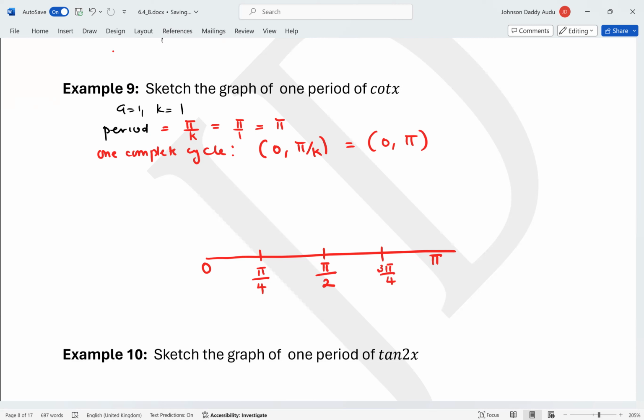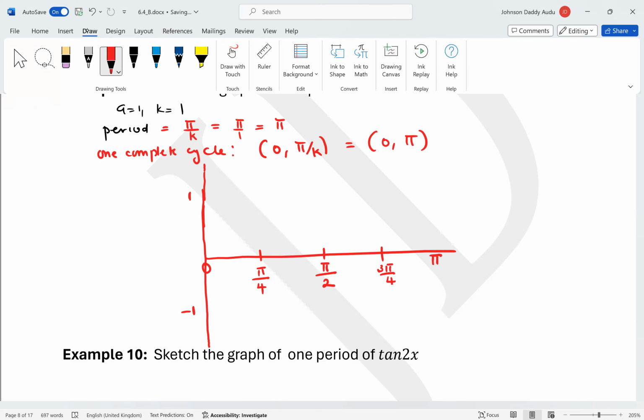Now, let's say this is our 1, and this is minus 1. Right. So the same way, we just start from where? We start from the midpoint, right? What is our midpoint here? Our midpoint of the 4 intervals, that's what I mean.